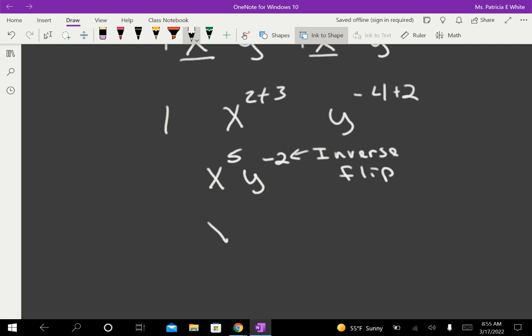So that means I have x, I'm going to put this over 1, and an x to the 5th is going to stay just where it's at. But the y to the negative 2 has to be moved downstairs. And when I move it, that negative 2 becomes a positive 2. Okay?